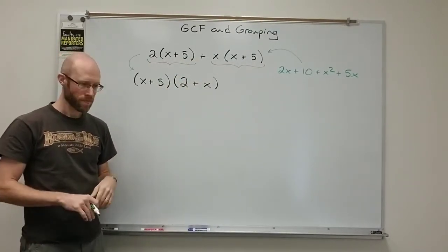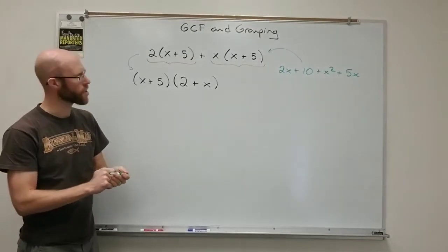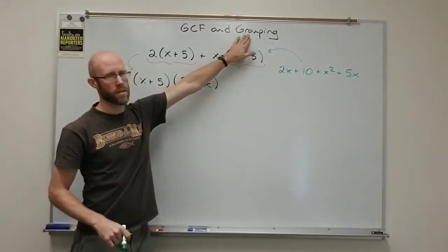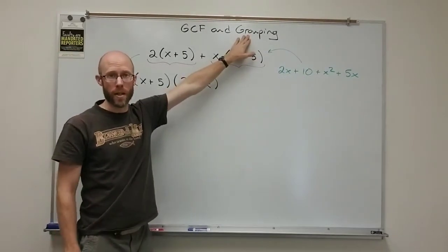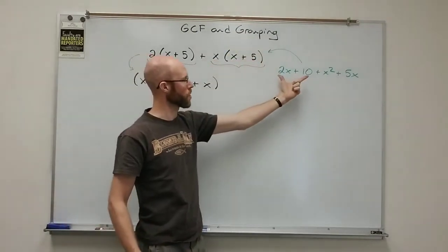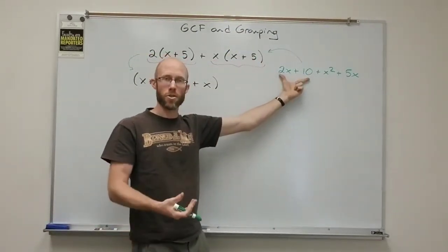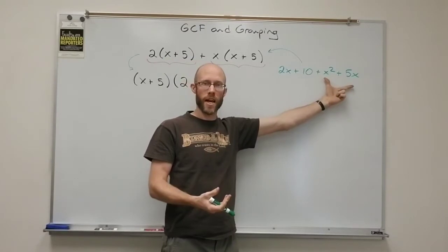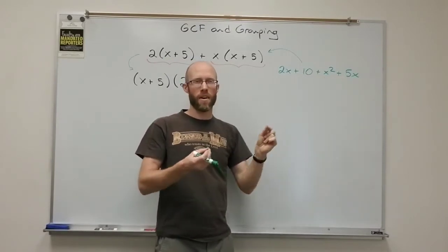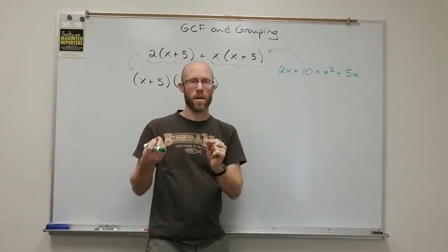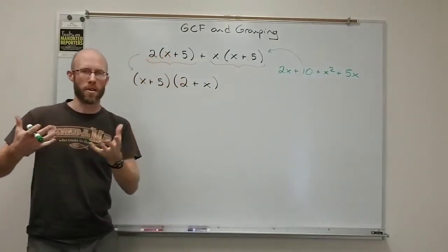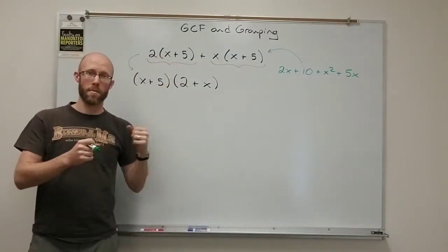Okay? Let me show you how this works when doing, we'll call this grouping. Okay, it's called grouping because we're grouping the first 2 terms together and the last 2 terms together and factoring individually out of them, and then pulling the big binomial out as long as it's common to both terms.